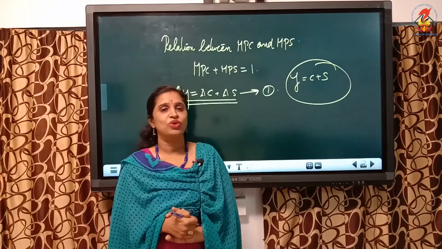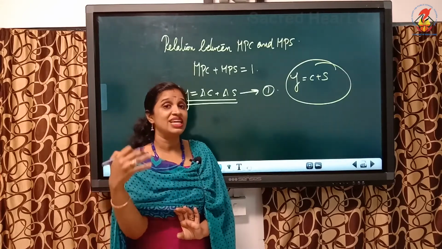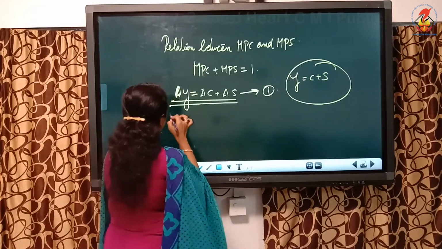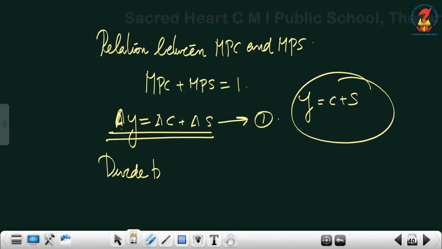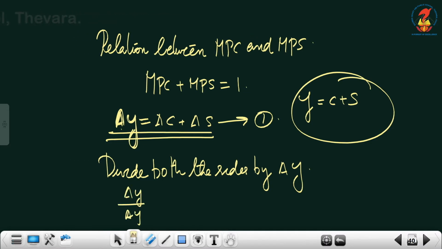Now, as we did for APC and APS, divide both the sides by delta y. So, write down, divide both the sides, left hand side and the right hand side, both the sides by delta y. What will you get? The first, this particular side, delta y by delta y is equal to delta C by delta y plus delta S by delta y.